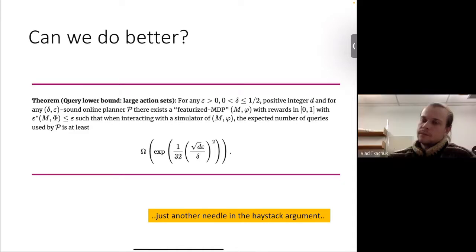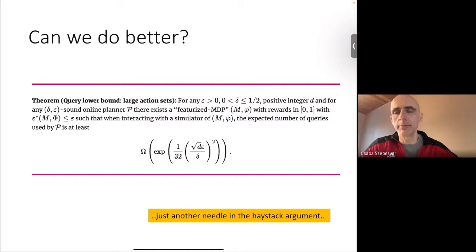Then you choose the action space to be just of the right size, rather than thinking the other way around. Of course, you can think the other way around as well. But with the choice that you're making, I think you're tying D and the actions together, and then you wouldn't get this result that says that it holds for any D whatsoever.